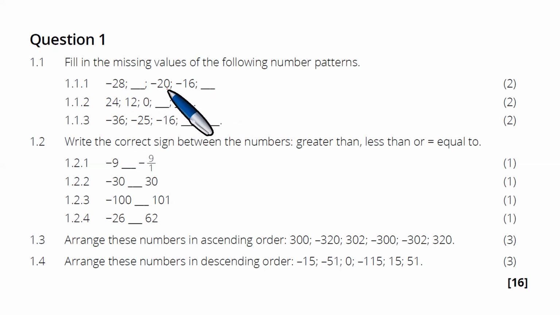We can see that, for instance, from minus 20 to minus 16, 20 and 16 differ by the number 4. Magnitude 4, size 4, without the direction, without the sign.